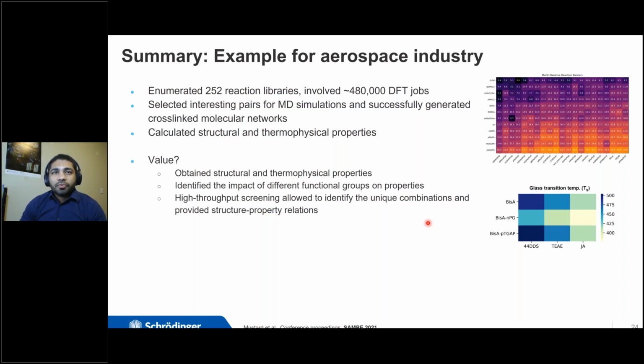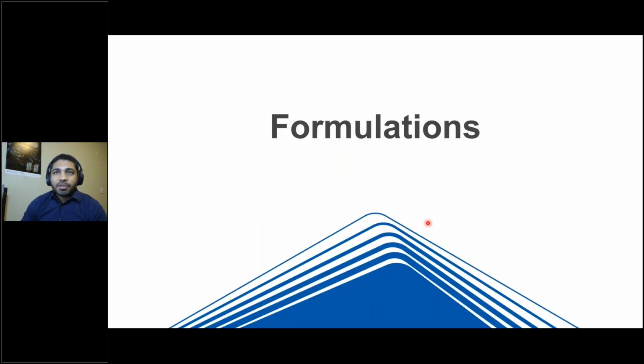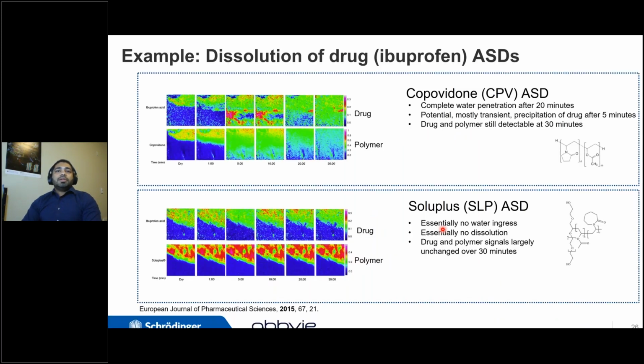All right, so that was for the aerospace industry. And I want to now move on to a different industry, the pharma industry, where we use formulations. Here, I'll start out with a very interesting experimental observation that was published in a paper in 2015. What I'm showing is the drug release from two different formulations.